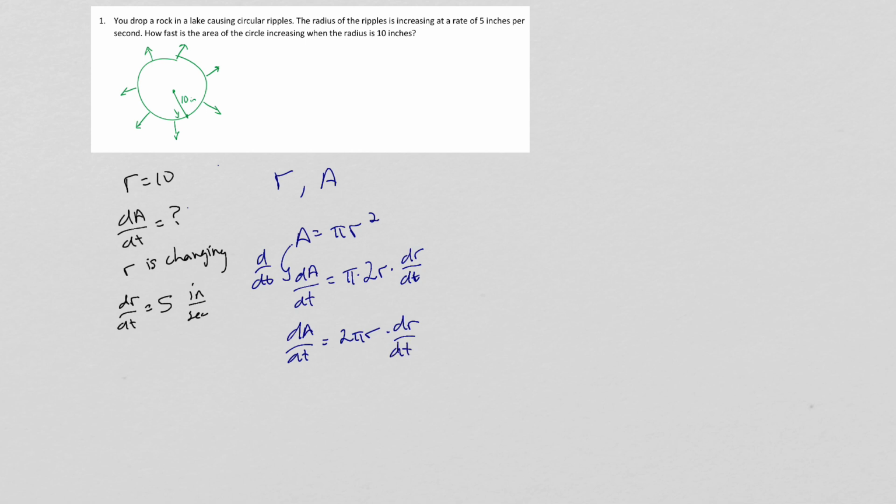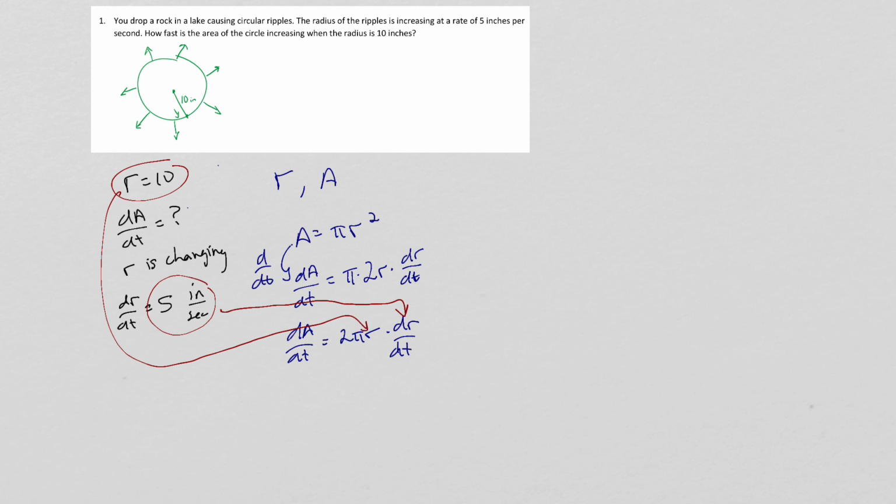Now, what do we know? We know that dr/dt is 5 inches per second, and we know that r is 10, and we're looking for this. So I can slide all those things in. This is going to go in right there. This is going to go in right there.